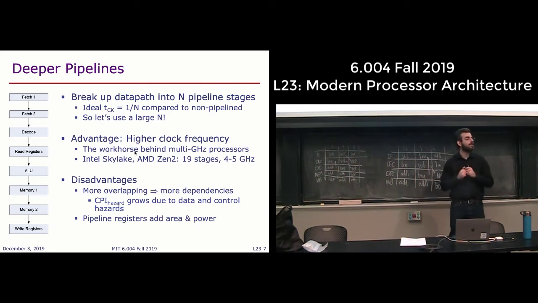The opposite issue happens here. If a load takes 10 cycles, you'll wait for 10 cycles to get the data that you need if you have an instruction that uses the result of a load. And then, of course, this adds pipeline registers, which adds quite a bit of area after some point.